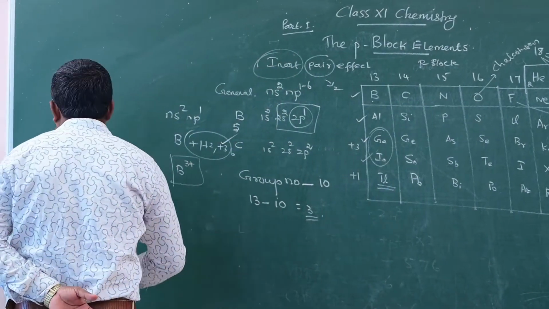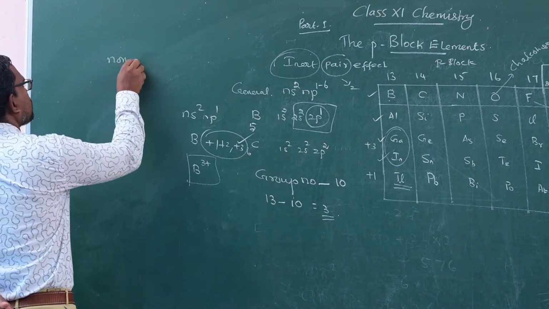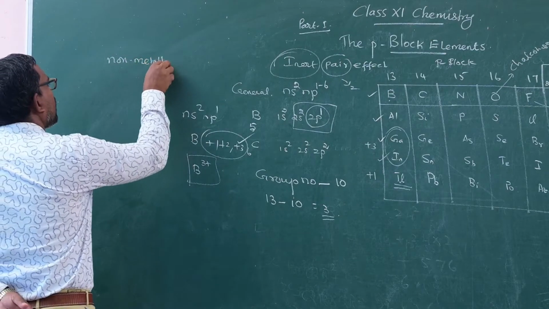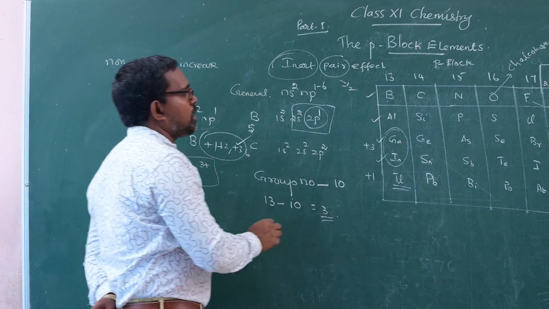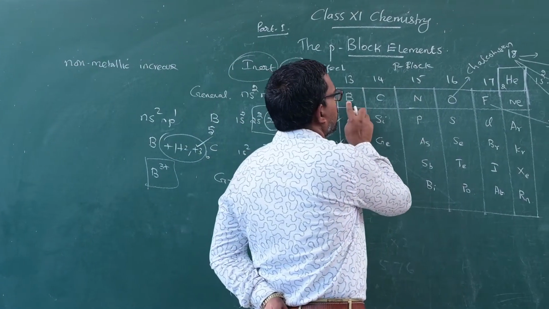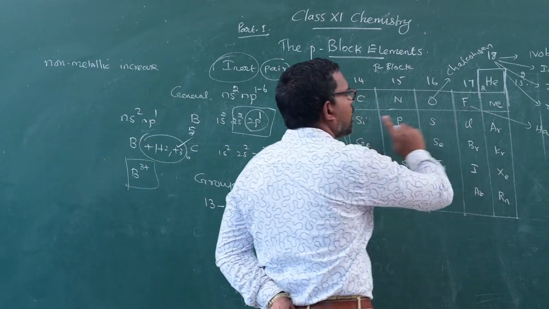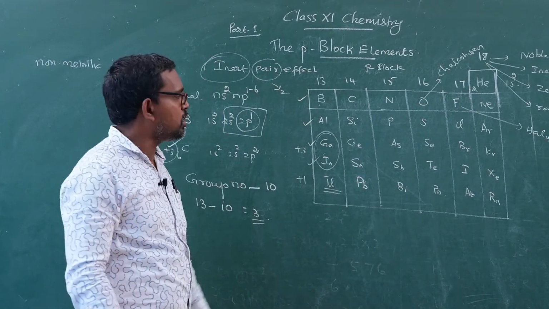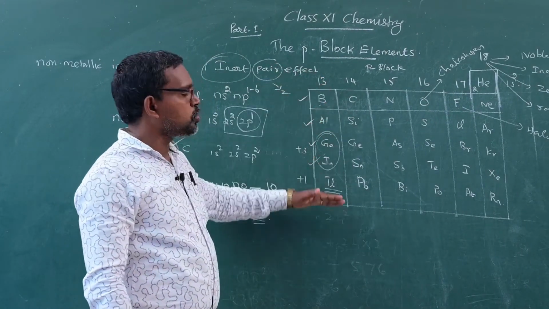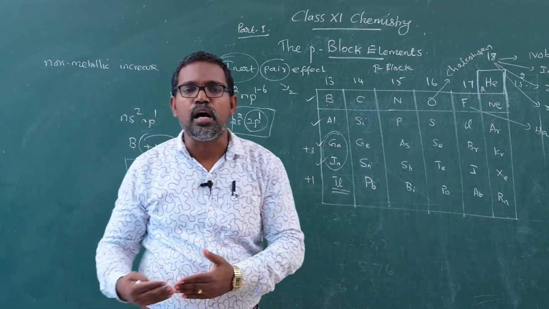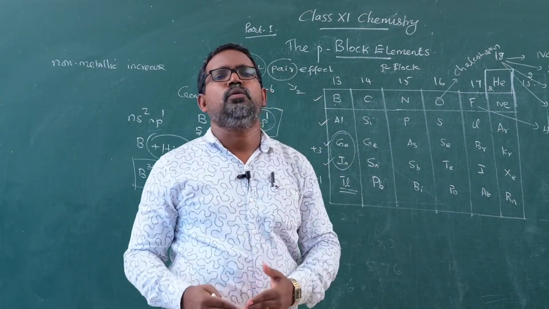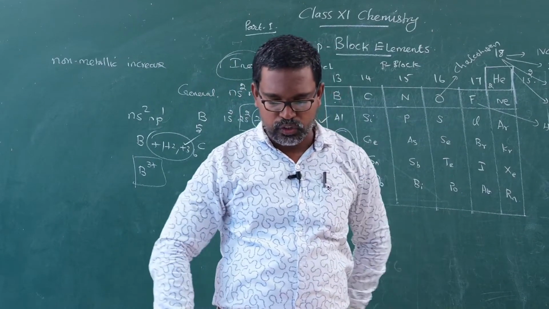First point, non-metallic character increases from left to right in the period. As we move from boron to neon, non-metallic character increases. Moving from boron to thallium, down the group, metallic character increases.